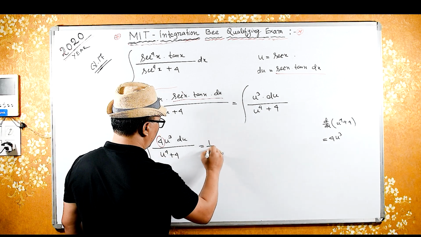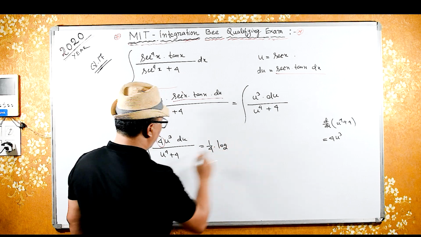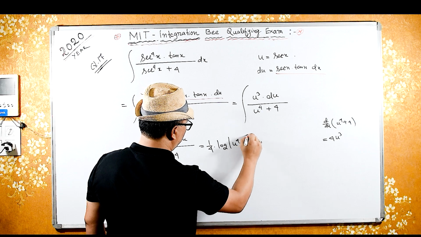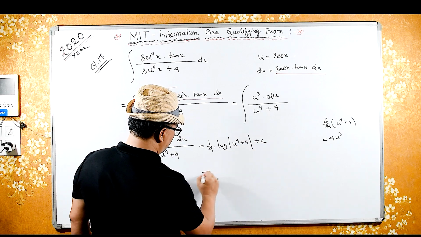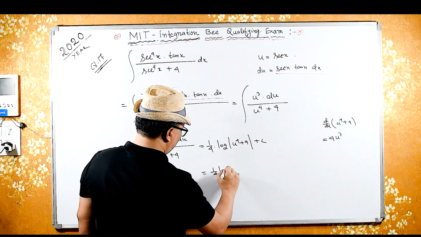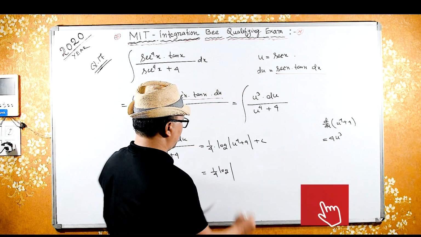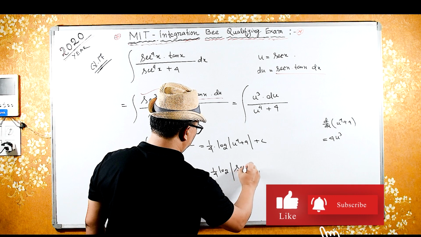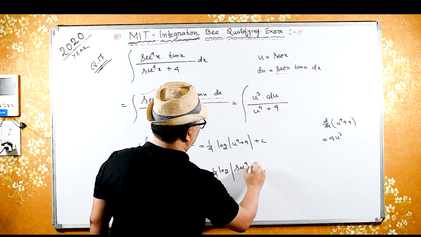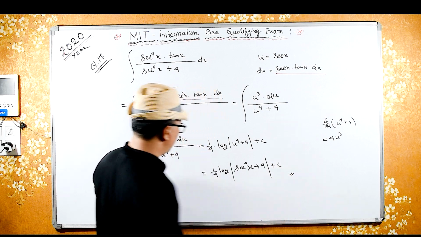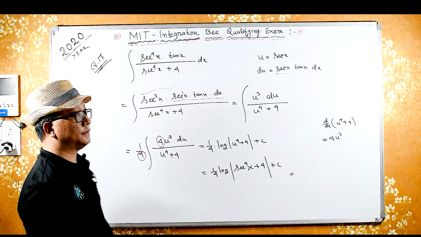Therefore this is 1 by 4 log of the denominator, log of u raised to 4 plus 4, plus c. What is u? U is sec x. Therefore it will be 1 by 4 log of sec^4 x plus 4 plus c. This is the required answer.